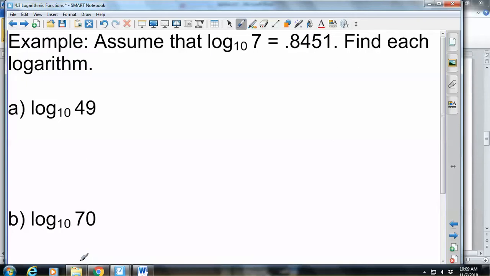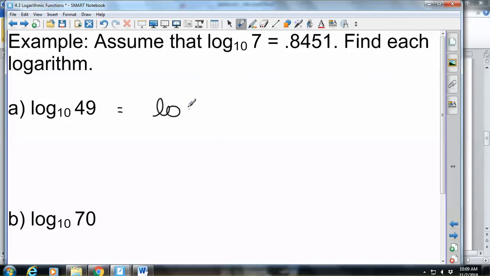Now, because I told you to use that fact, if you just put log base 10 of 49 in your calculator and write down an answer, I would not give you any credit. You have to show me that you're using the information I gave you. I told you what log base 10 of 7 was. So is there any way to rewrite log base 10 of 49 to get a log base 10 of 7?